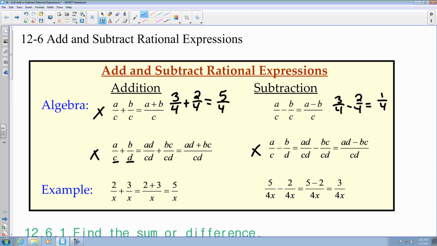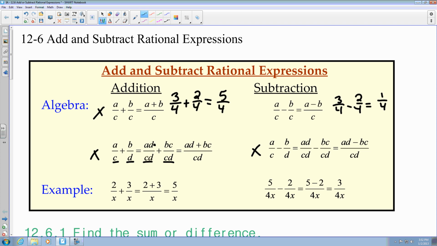So a over c plus b over d can equal, see how I have the common denominator of c times d? But what you have to keep in mind is if you multiplied a d to the denominator, then you also have to multiply a d to the numerator.